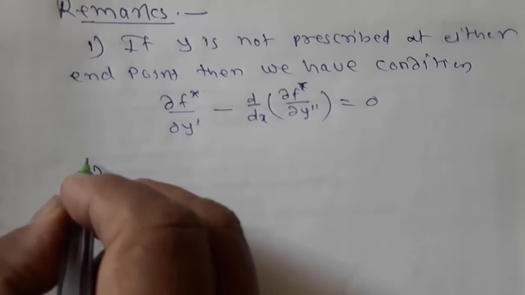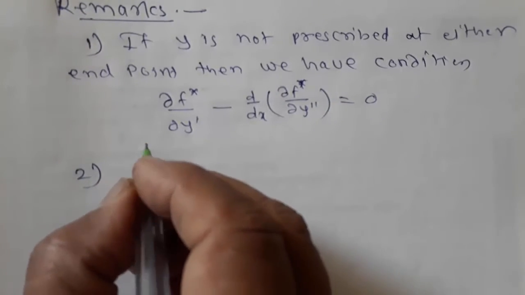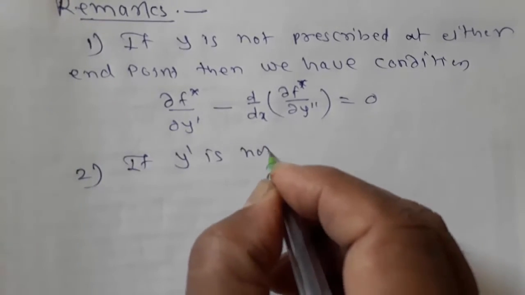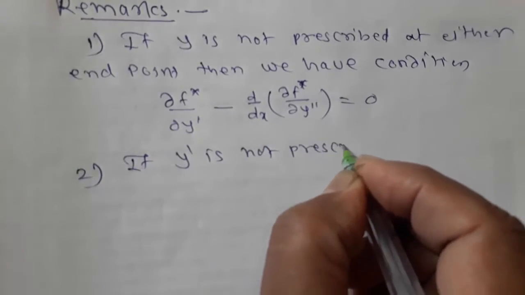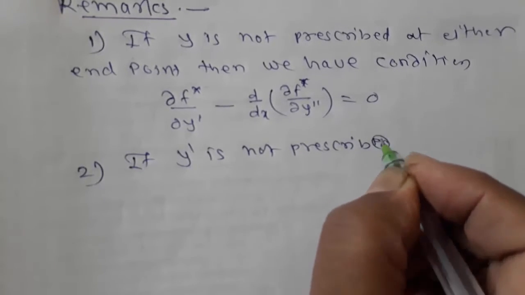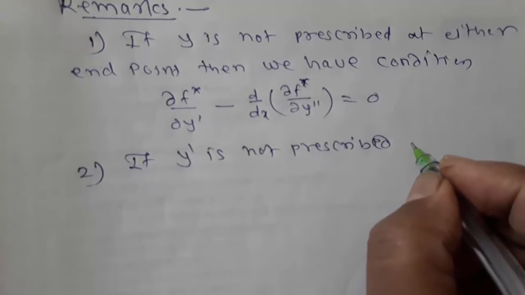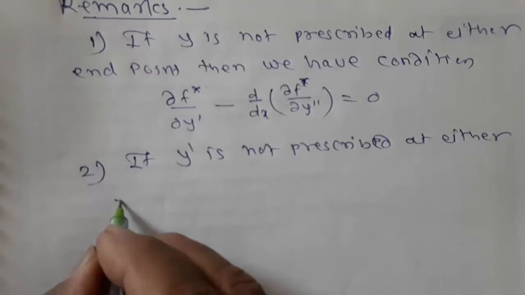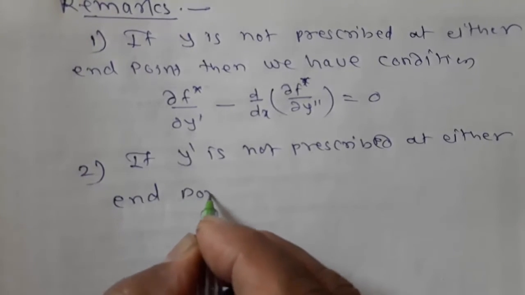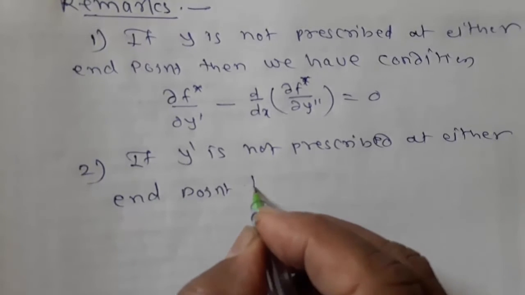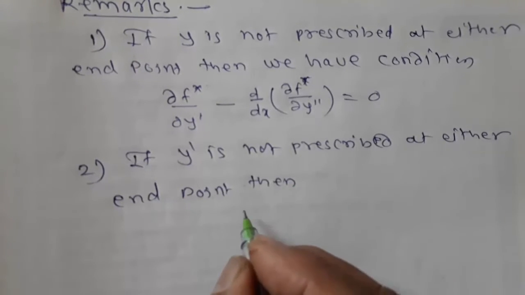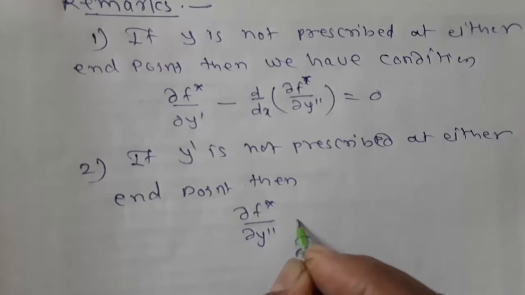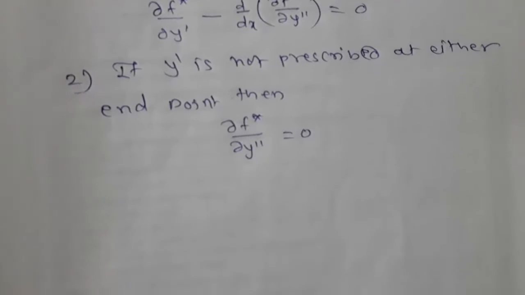Second remark, if y dash is not prescribed at either endpoint, then dou f star by dou y double dash equal to 0 at that point.